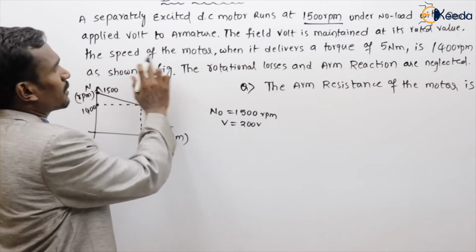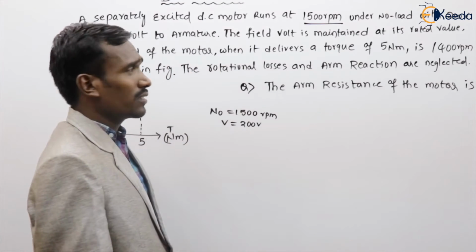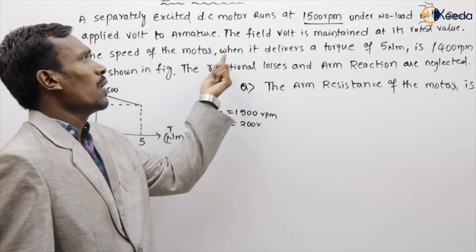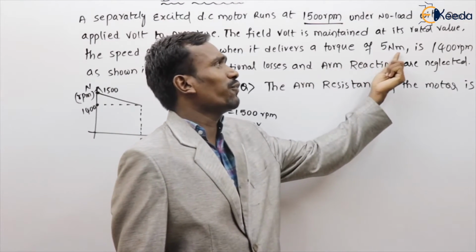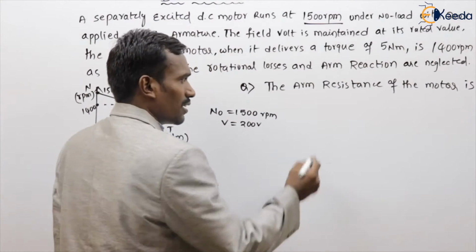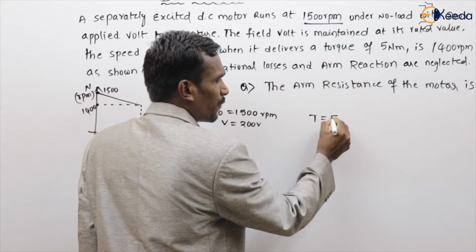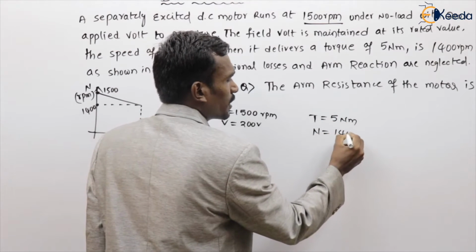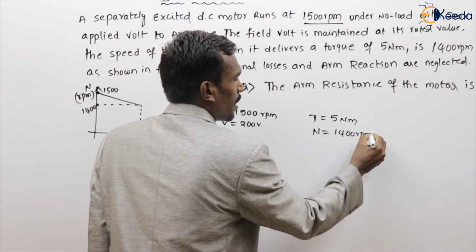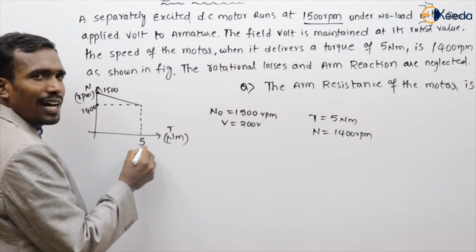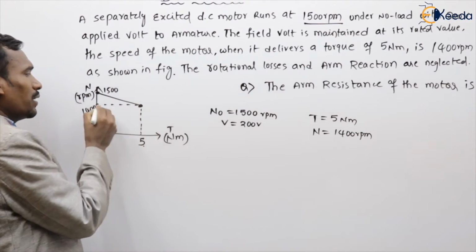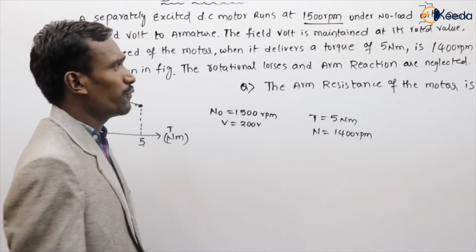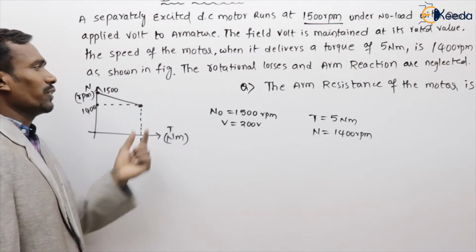And next, the speed of the motor when it delivers a torque of 5 Newton meters is given as 1400 RPM, as shown in the figure.